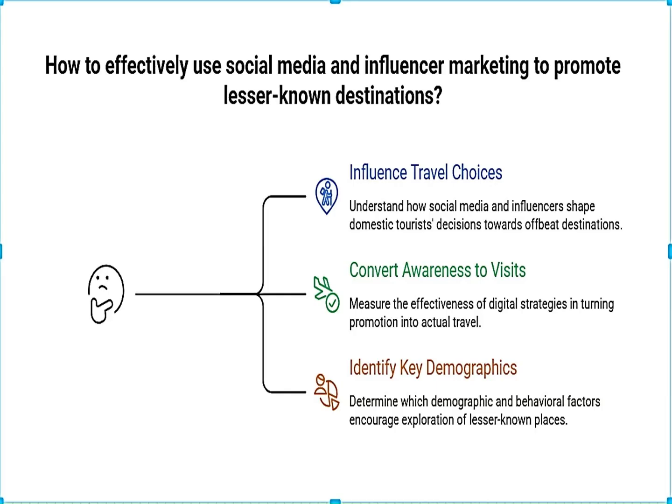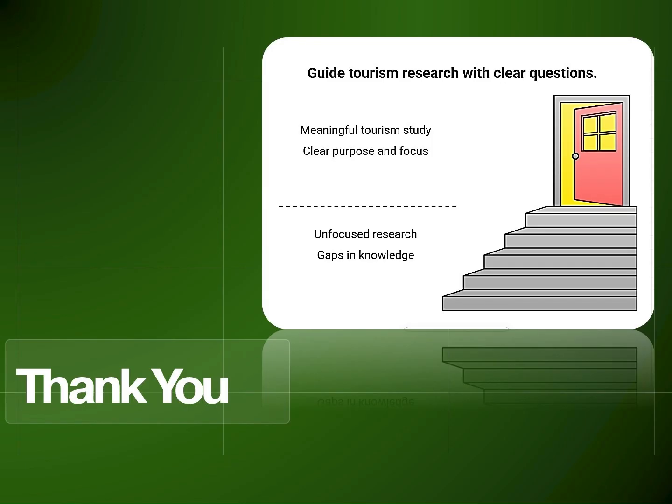What demographic and behavioral factors shape the degree to which social media and influencer marketing encourage domestic tourists to explore offbeat destinations? Research problems and questions are the backbone of any study, guiding focus and clarity. Next, we'll explore how to frame them within qualitative research.